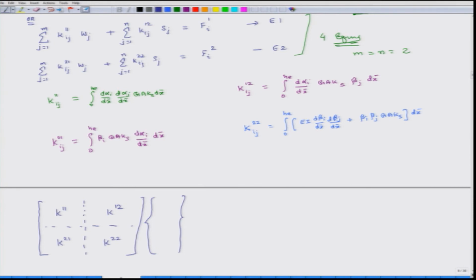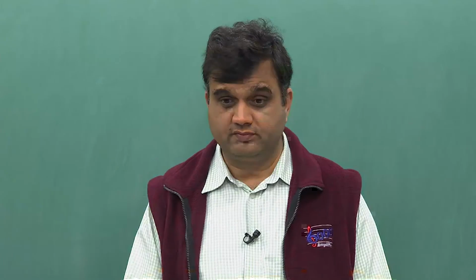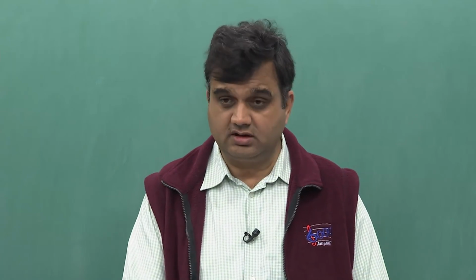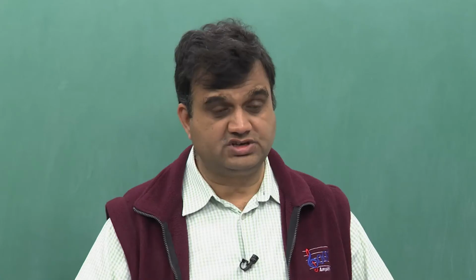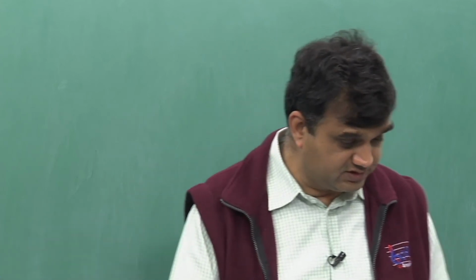Each of these submatrices is 2 by 2, because I and j can take at the most two values, for m is equal to n is equal to 2. So, K11 is 2 by 2, K12 is 2 by 2 and so on. So, the overall stiffness matrix is 4 by 4 and it boils down to the same thing because we have 4 equations. So, we should have a 4 by 4 matrix.